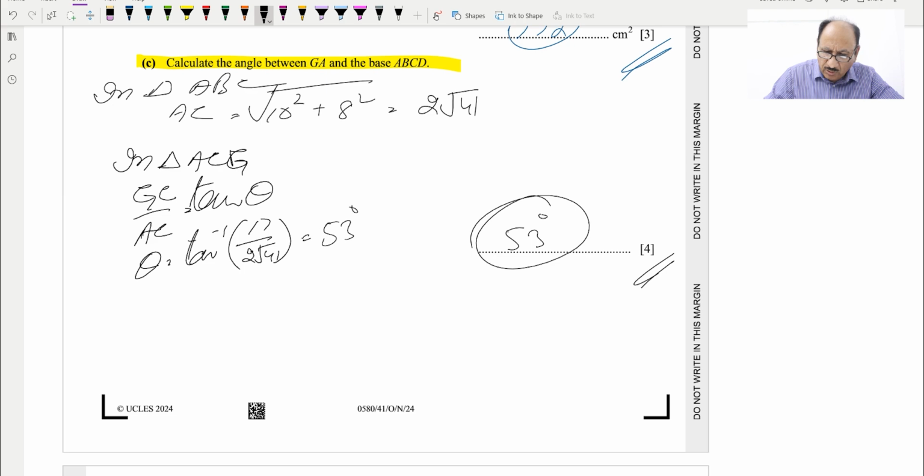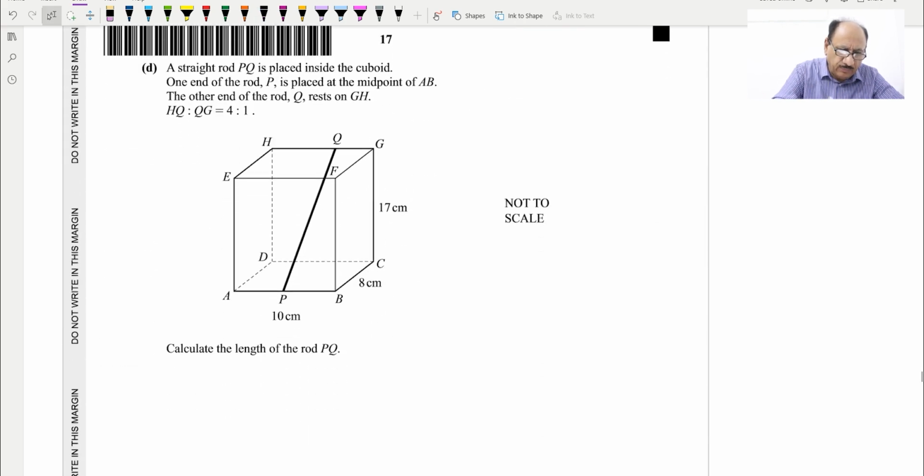Hopefully you understand this. Now this is the D part, and the D part says a straight rod PQ. At one end of the rod, P is placed at the midpoint of AB. So midpoint of AB means this side is 5 and this side is also 5.